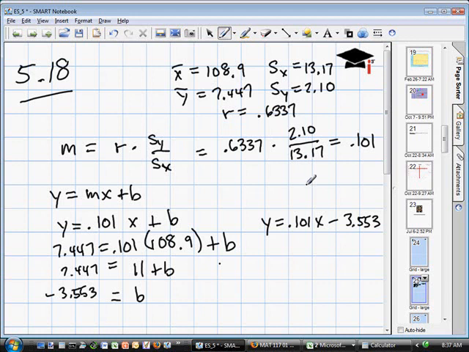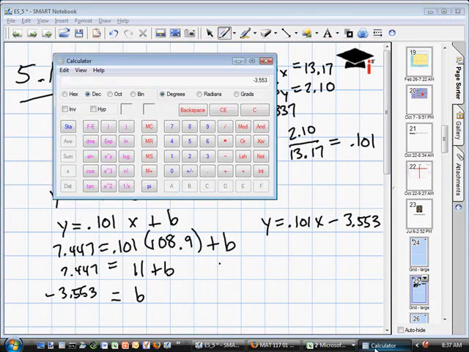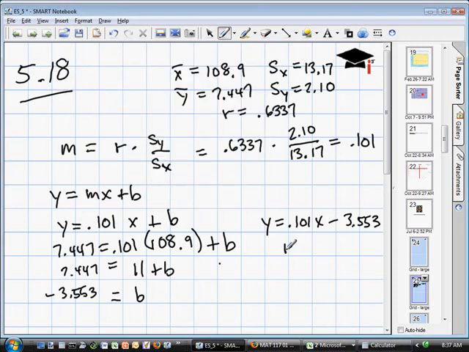So, what's 0.6337 squared? 0.401. So 40.1% is our degree. What do they call it? The percent that we can rely on that prediction. So this is the A answer. This is the B answer.